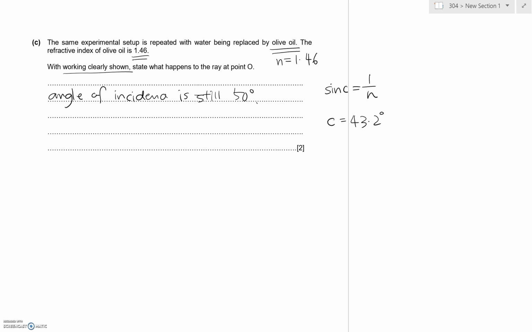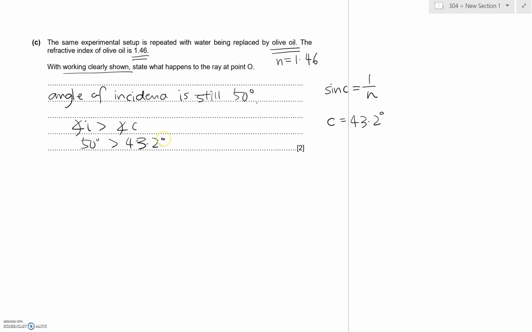Okay, so very good question. The better candidates will appreciate that although I changed the medium, the angle of incidence remains the same. If you are able to write this short sentence, you can show that you understand the situation. So since the angle of incidence is still 50, it is greater than your critical angle, 43.2.